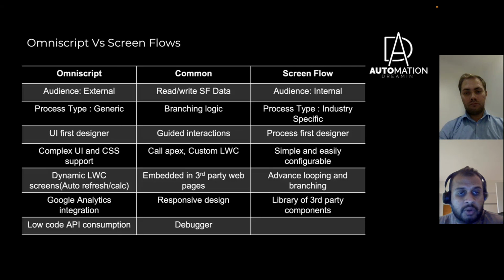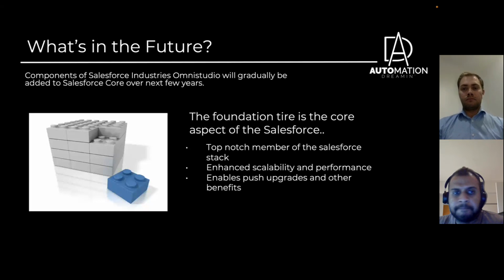And they have a library of third-party components, which in some cases could be super useful. So that's a short description of the similarities and the differences between OmniScripts and screen flows. Moving to the next slide.